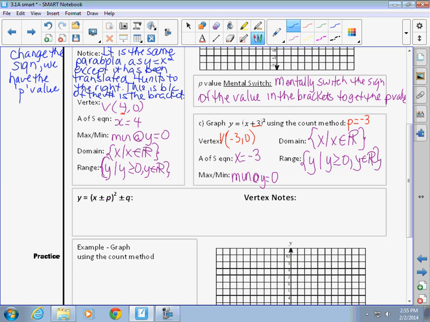translates the parabola. So p translates the parabola left or right, as we saw in our example up there. You have to remember, though, to do the mental switch of the sign.